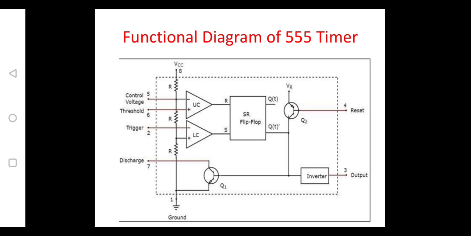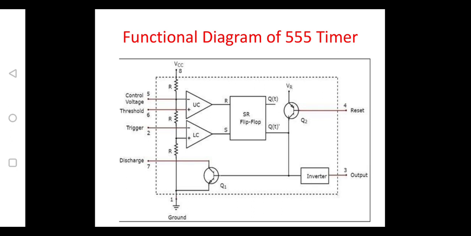In general, all these 3 resistors have a value of 5 kilo ohms. That is the reason it is called 555, as we have 3 resistors of equal value, 5 kilo ohms.